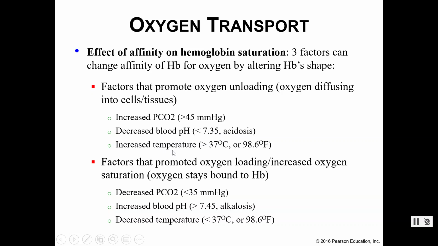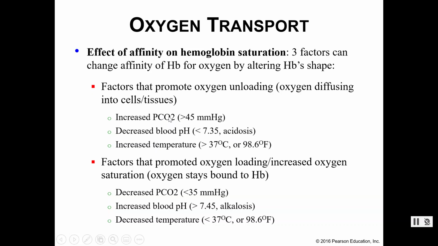Increased temperature. The easiest way you can think about that is our exercise example. What happens when you exercise? You get hot. Coincidentally, what also happens when you exercise? You are sucking in oxygen, because you are making CO2 like crazy. You could be affecting your blood pH. So what do we do?